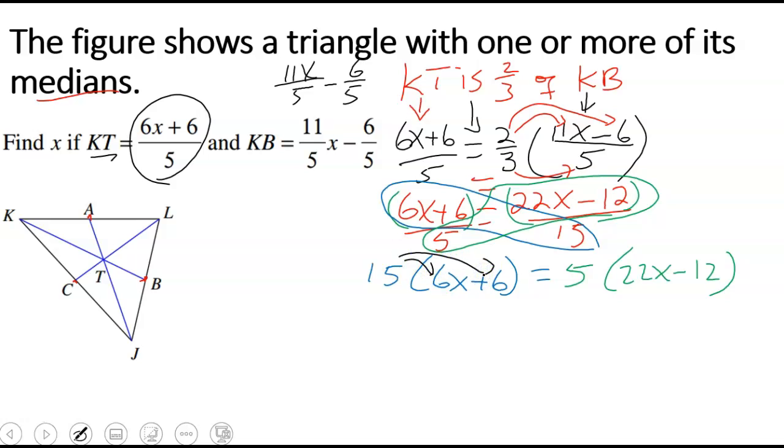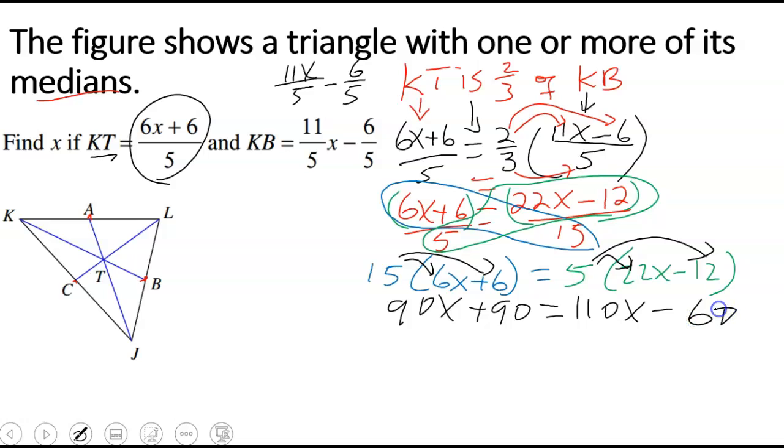So 15 times 6 is 90x plus 90 equals, and then 5 times 22 is 110x minus 12 times 5 is 60.